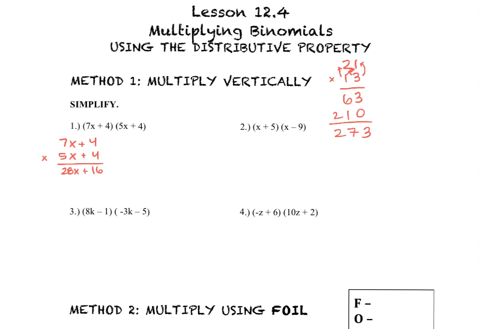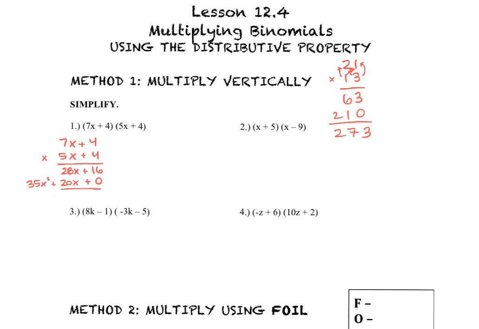All right, now when I move over to the next spot over, I need to put a 0 underneath there. And so now 5x times 4 is 20x, and notice by adding that 0 there, it starts lining up the like terms for you. And then 5x times 7x is 35x squared.